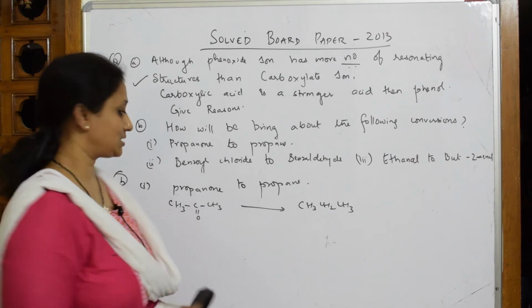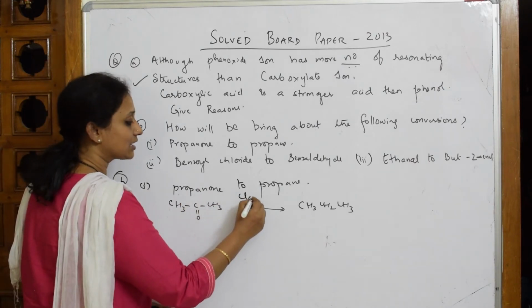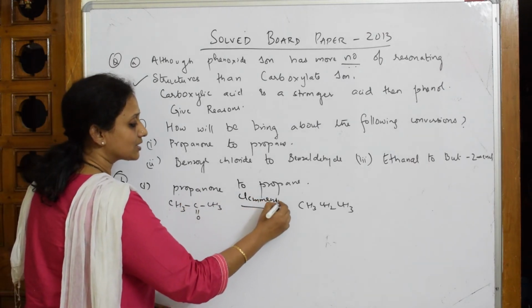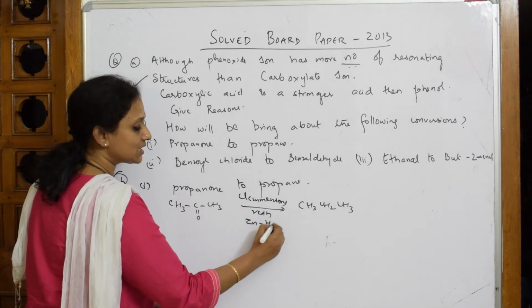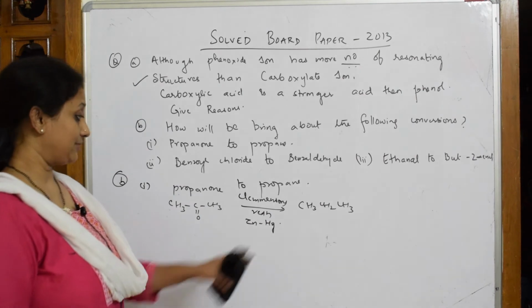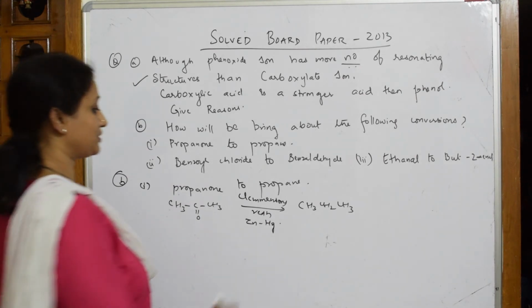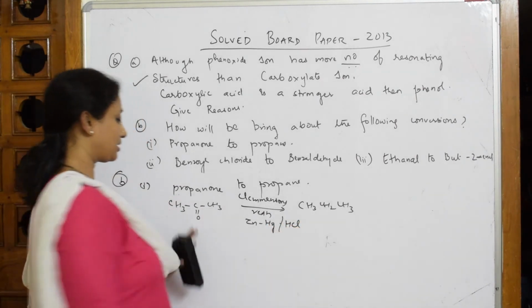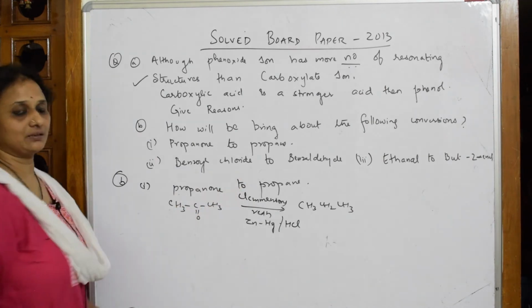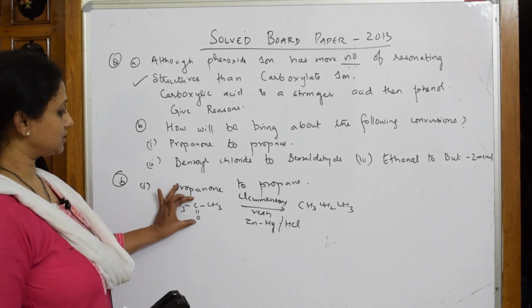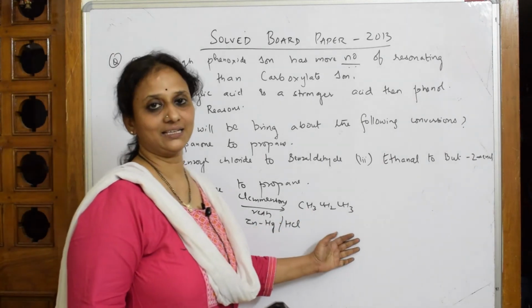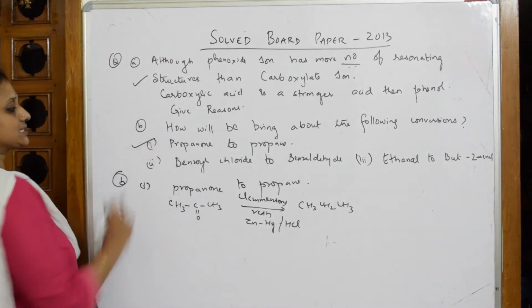So please watch that. So I'm writing here Clemmensen's reduction. This is a simple basic reaction where I've used a zinc amalgam, in the presence of HCl, to convert propanone to propane. So this is the basic simplest conversion which you can use to convert the ketone to alkanes. Done.